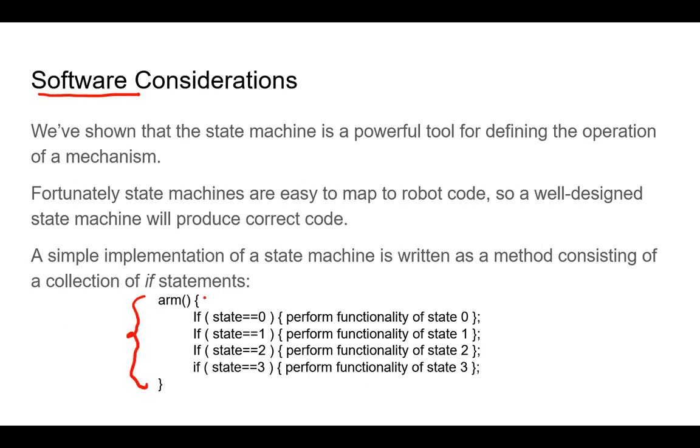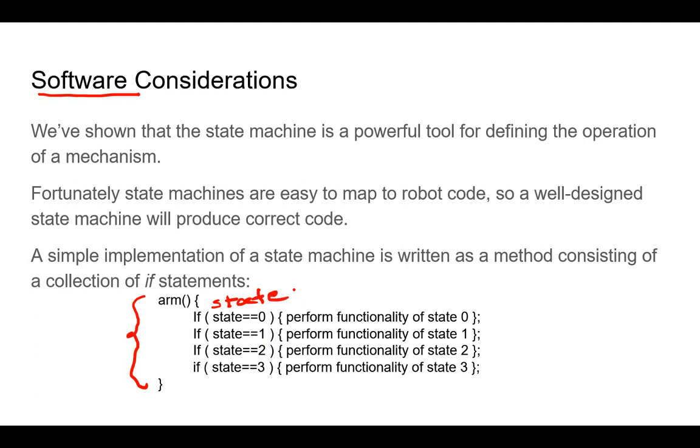In this case, the method is arm, with a series of statements where each statement determines if this is the current state and performs that function. As it goes through these if statements, you'll pick the right functionality to execute depending on the state. So there is a private variable up here, which is unique to ARM, and it's called state.